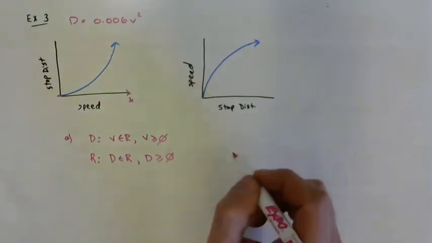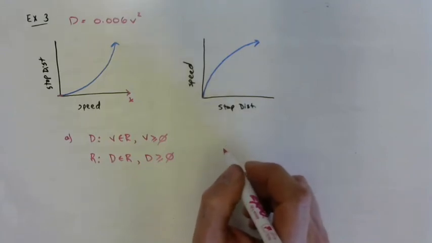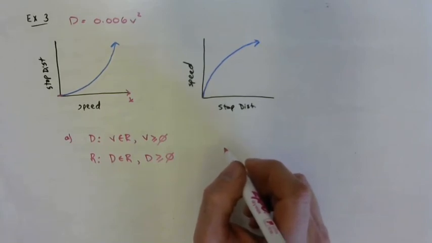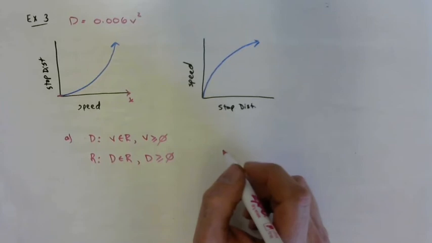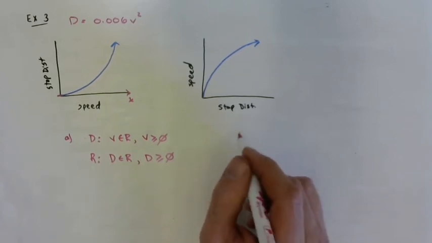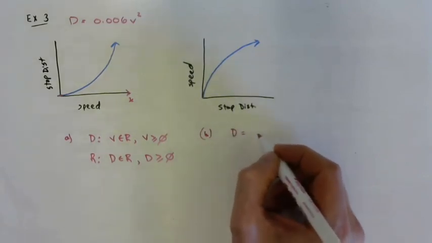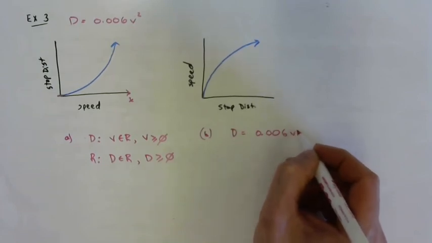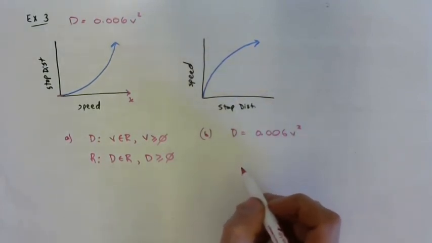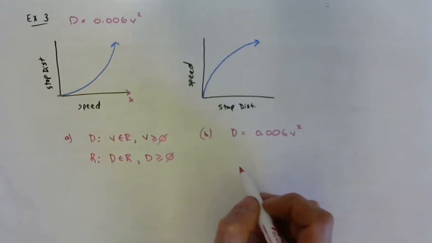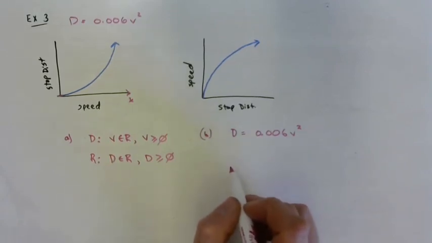Good. B says determine an equation for the inverse of the function and then state its domain and range. We're going to follow the exact same steps, but we're also going to keep in mind our restrictions. So we're starting with D equals 0.006 V squared. What do we need to do? We're going to switch D and V, but there's something here that doesn't allow us to do that.